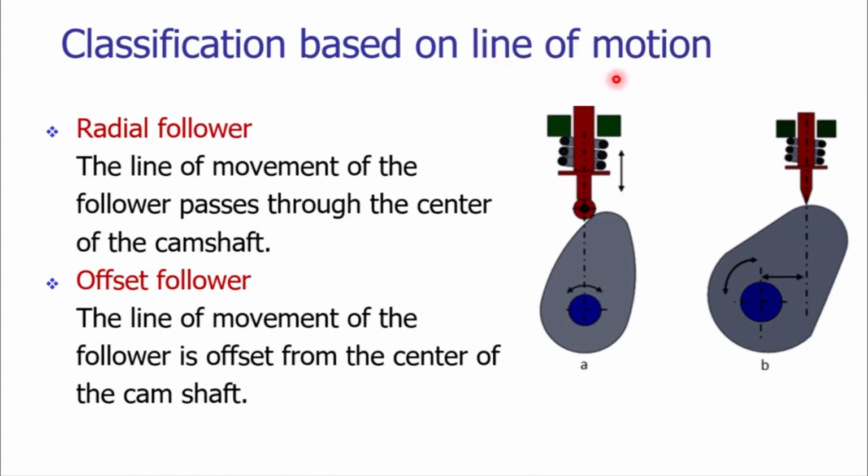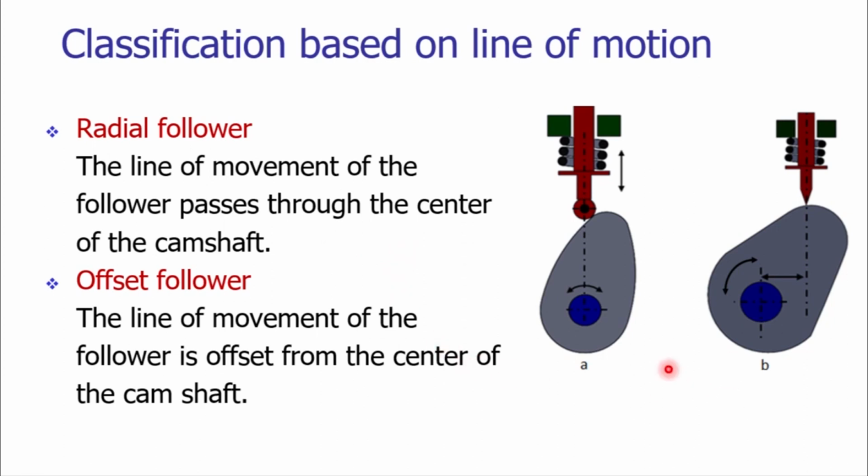Based on the line of motion as well, we can classify. Either we can have radial followers, where the axis of the follower is along the radial direction of the cam itself. The line of motion of the follower passes through the center of the camshaft.